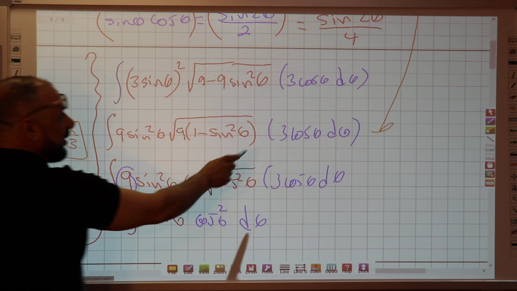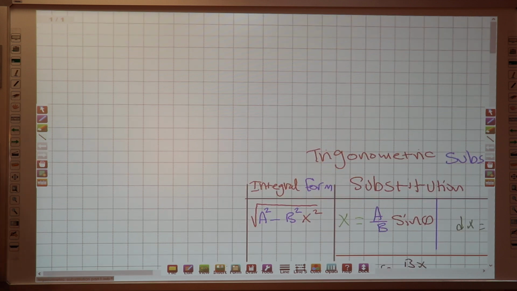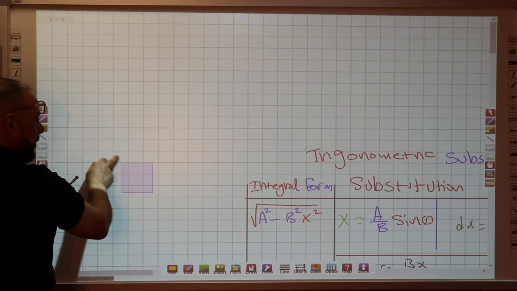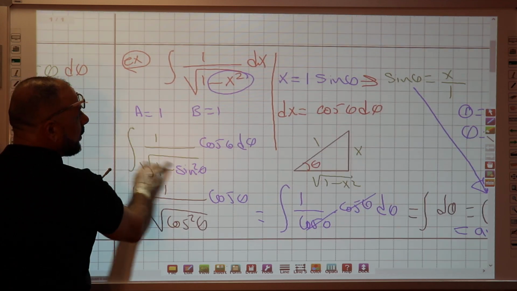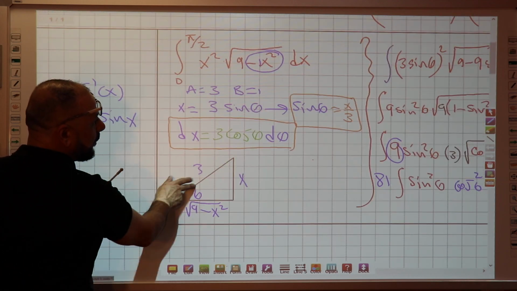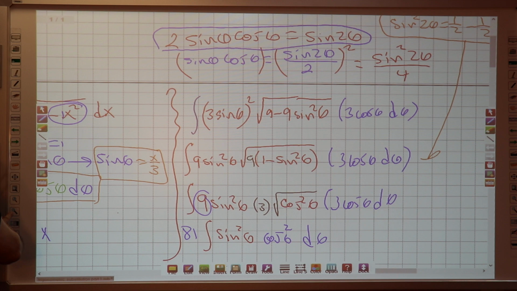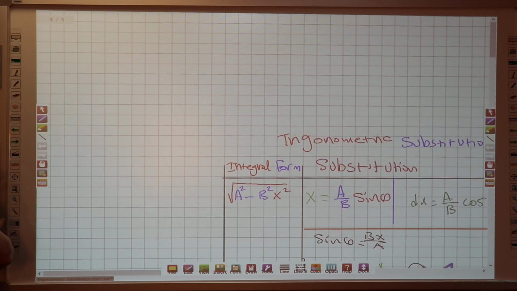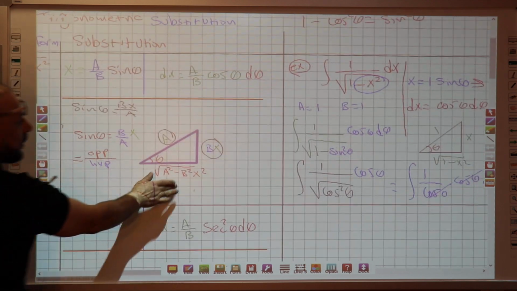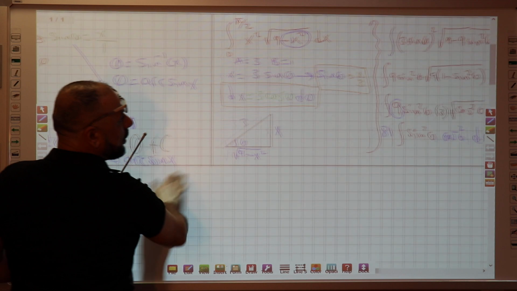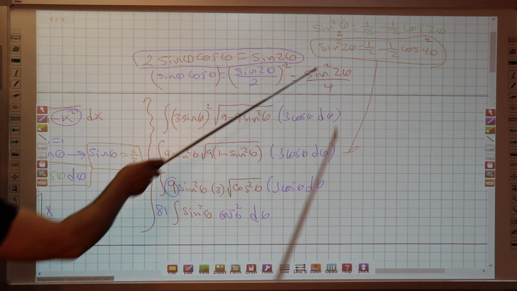Let me go back to my page here, just to let you see everything together. Can you zoom please for them?